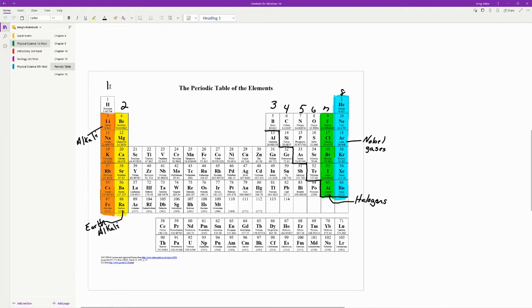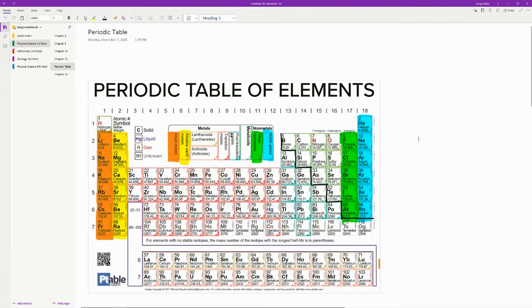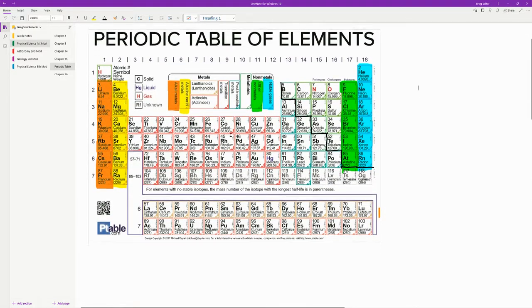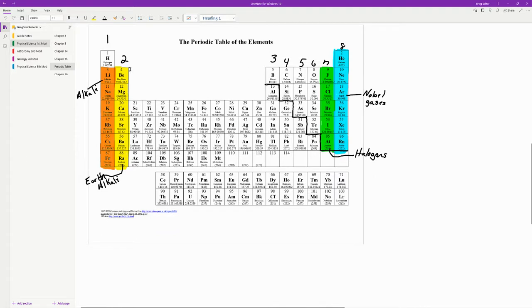And we could go like this too: 1, 2, 3, 4, 5, 6, 7, 8. Sometimes there's a bracket. There's not one up here, but 1, 2, 3, 4, 5, 6, 7, 8, 8, and 8. These 3 columns have 8 valence electrons already. Then we start over: 1, 2, 3, 4, 5, 6, 7, 8.